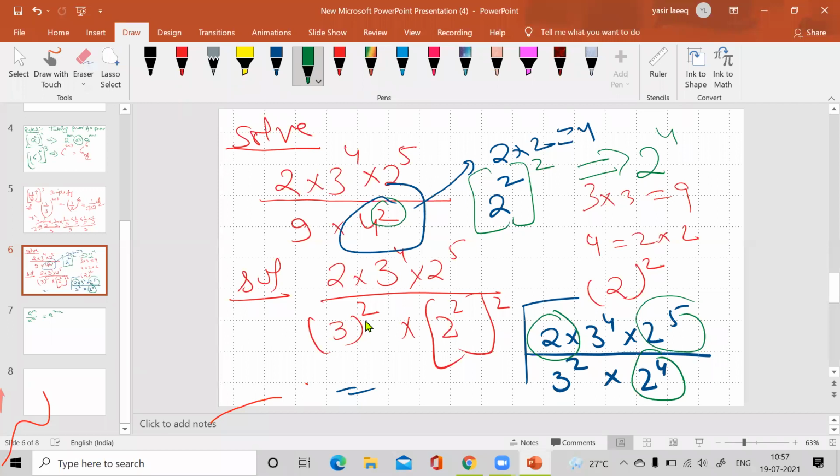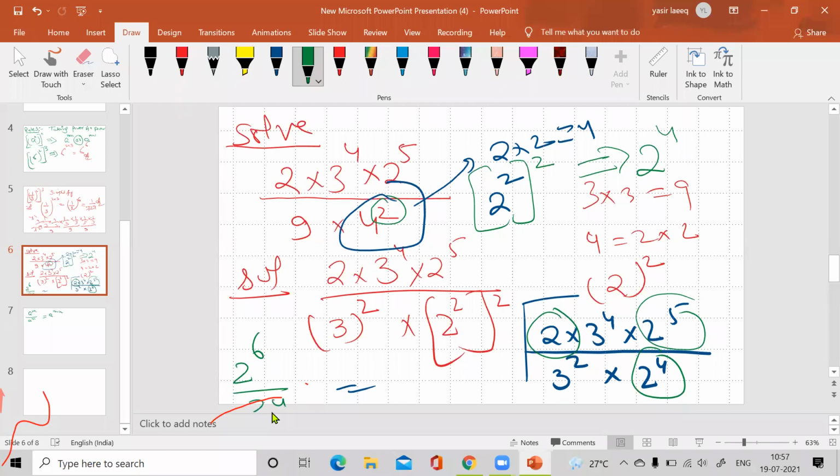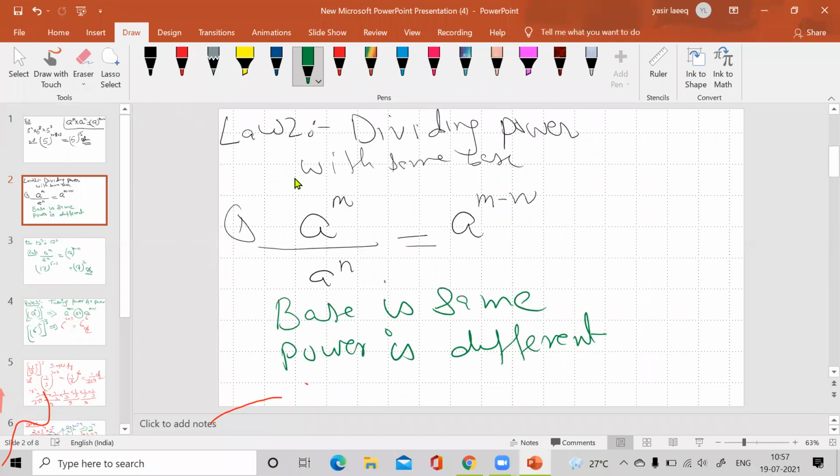In the numerator, you apply the rule: bases are same, you just add the power, it will become 2 raised to the power 6. And here 2 raised to the power 4. For the denominator, as per rule number 2, you just subtract the power because bases are same.